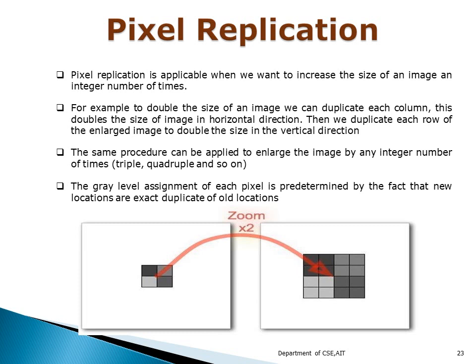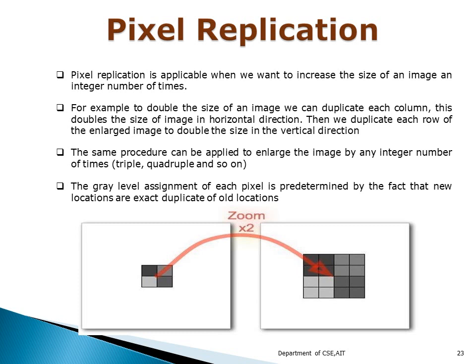So suppose you want to double the size of an image with respect to the column and the row. The image can be doubled in the x direction, and the image can also be doubled in the y direction. If we want to go for zooming with respect to any other integer, it may be 3 times or 4 times, in that case also we can go for the pixel replication.